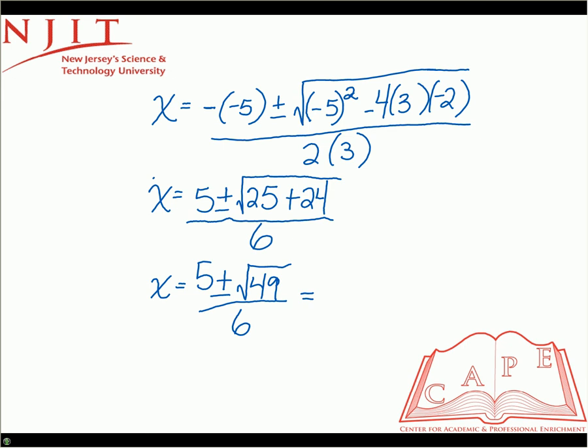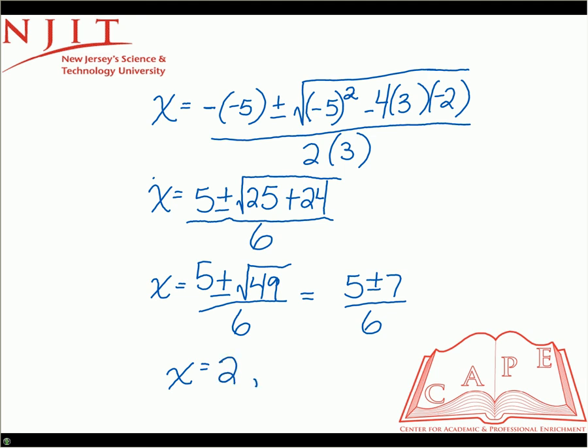Okay. Now 5 plus or minus. In this case, we're lucky because 49 is a perfect square. The square root of 49 is 7, over 6. Okay. And then here, simply we can just write the two answers out by adding and subtracting in the middle. So now our final answers are going to be 5 plus 7, which is 12, divided by 6, which is 2.